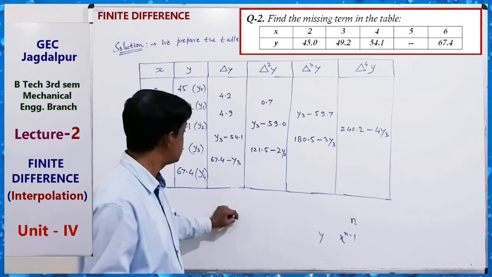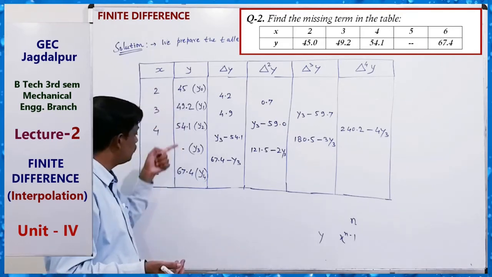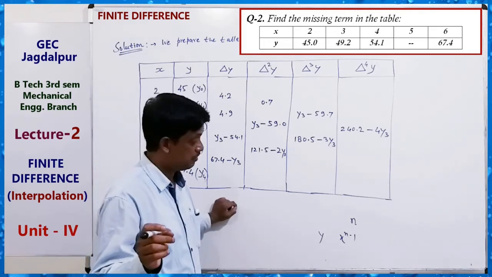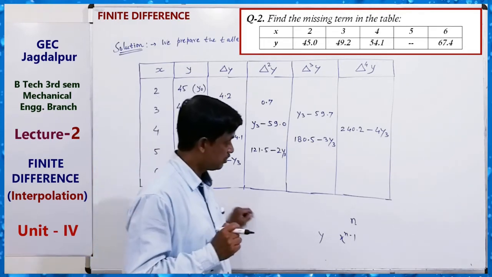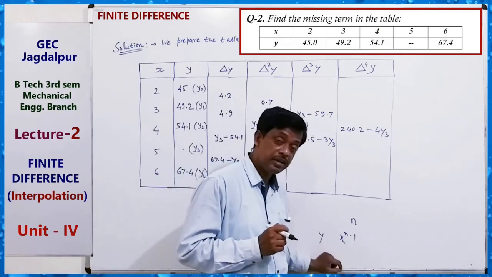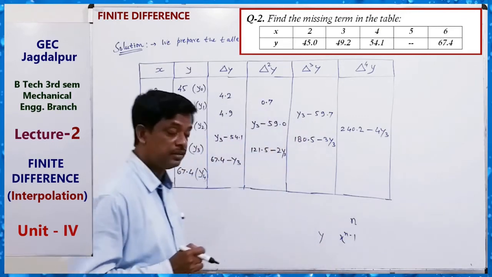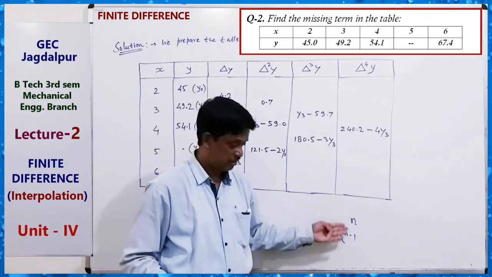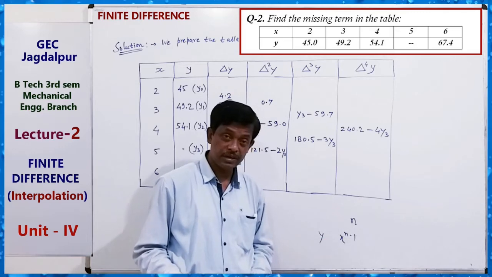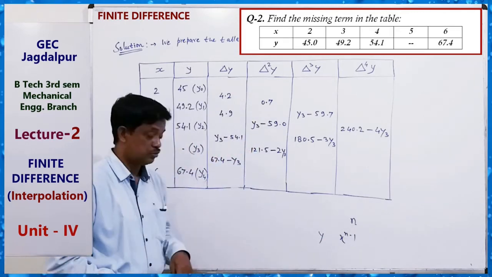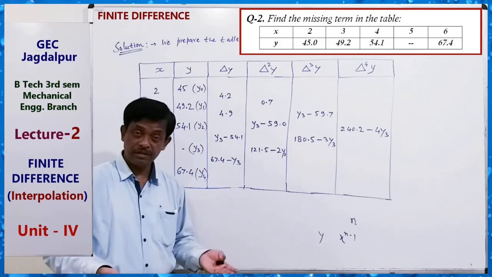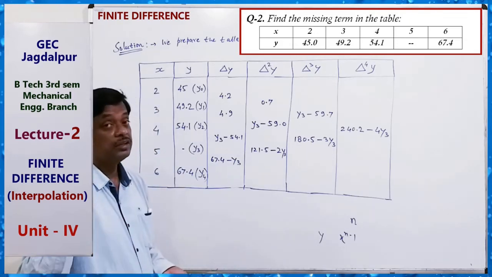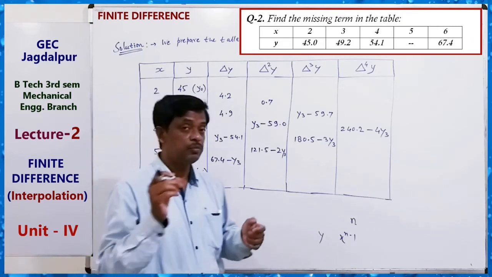So since 4 entries are given, y can be represented by a polynomial of degree 3.